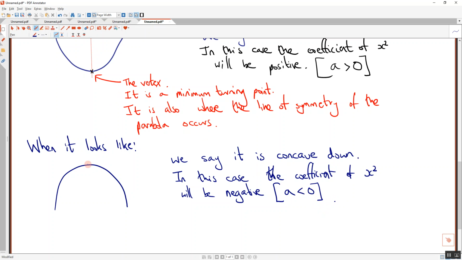Same thing, we've got the vertex, and it's now a maximum turning point. We'll just show that the line of symmetry again runs straight through the vertex.